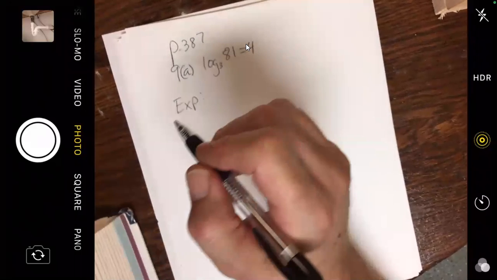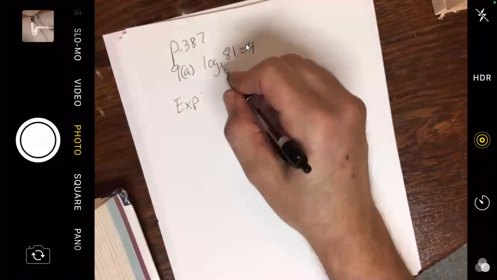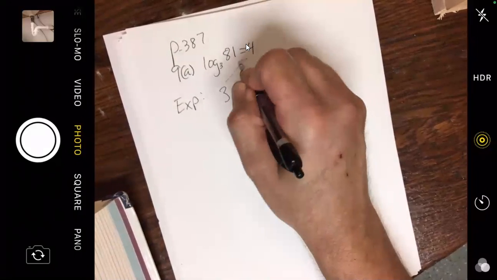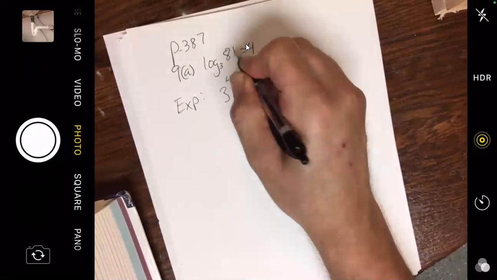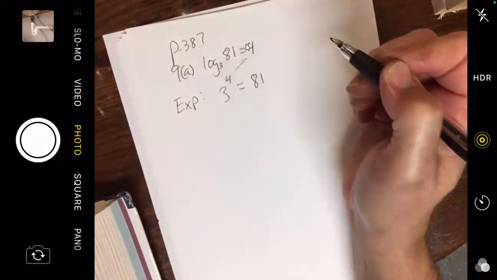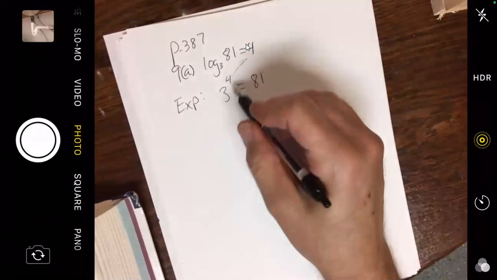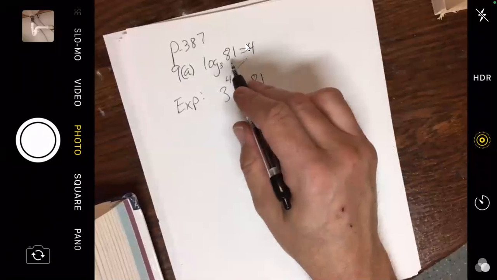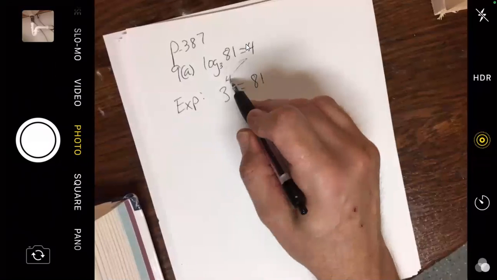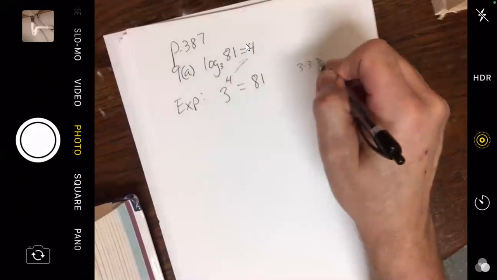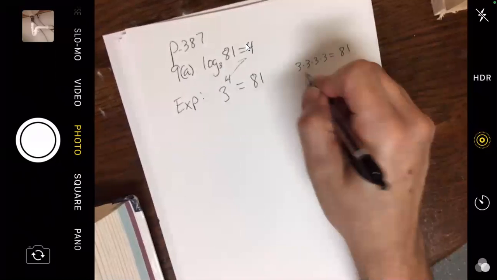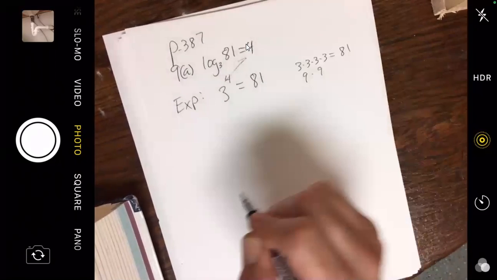I don't know if that makes it more confusing or what, but exponential form would take this base raised to that power, comes up 81. That should be pretty obvious to you that this checks. This isn't because it's not on the calculator. But 3 to the 4th power is 3 times 3 times 3 times 3. Sure enough is 81. You get 9 times 9, which is 81.